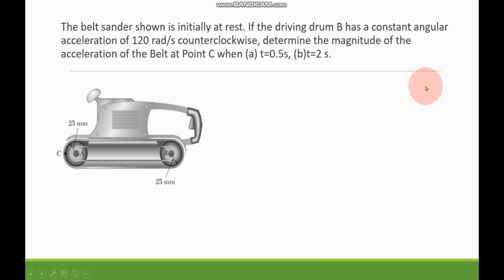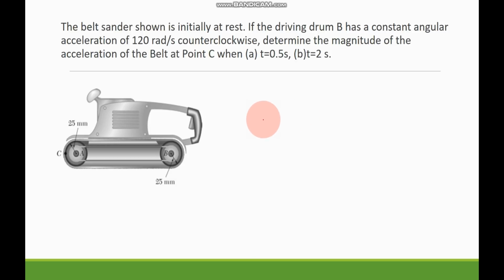For the next example, the belt sander shown is initially at rest. If the driving drum B has a constant angular acceleration of 120 rad per second squared in counterclockwise direction, determine the magnitude of the acceleration of the belt at point C when the time is equal to 0.5 seconds and 2 seconds.